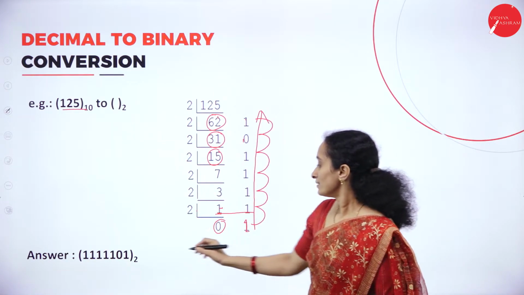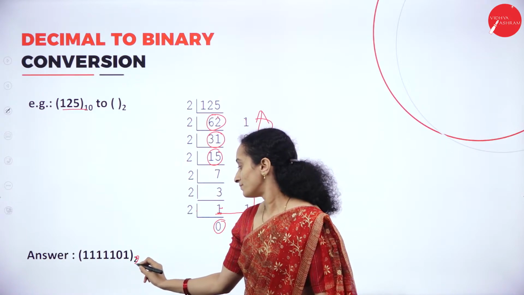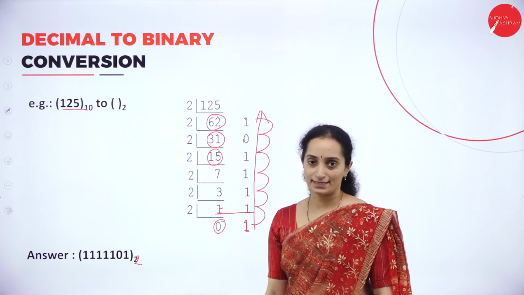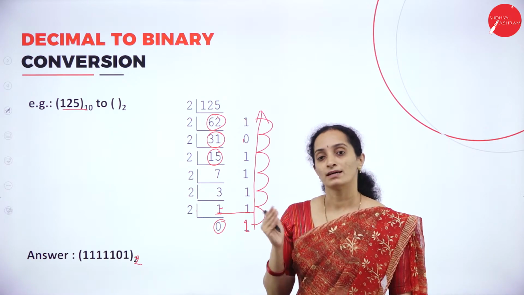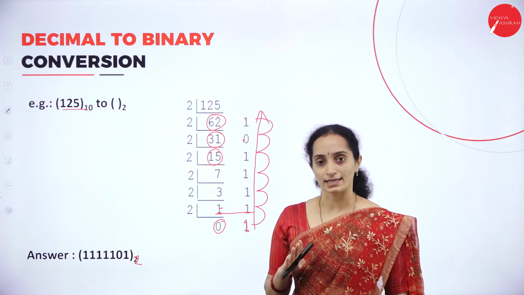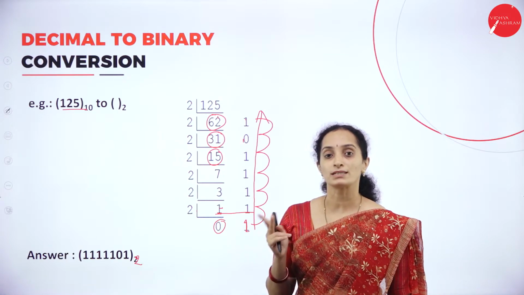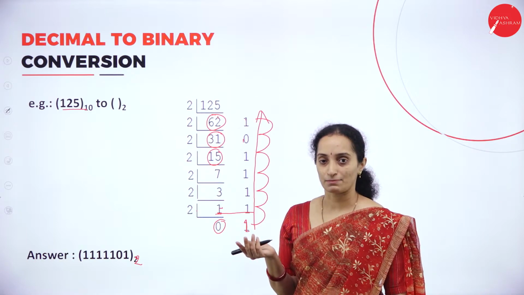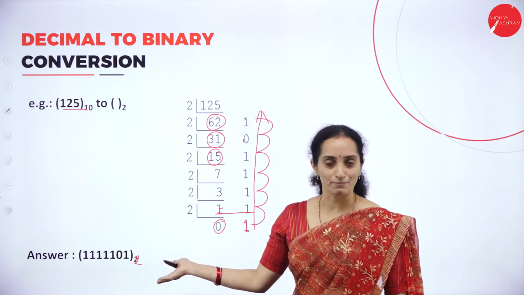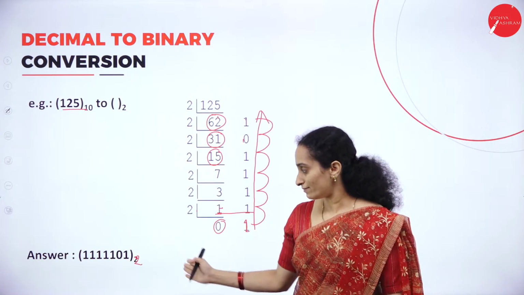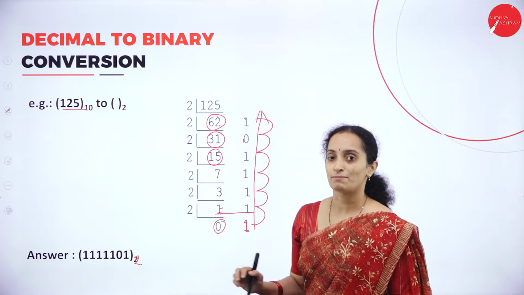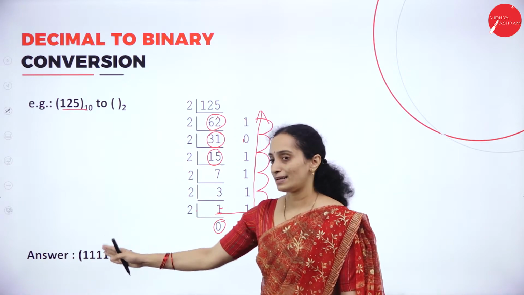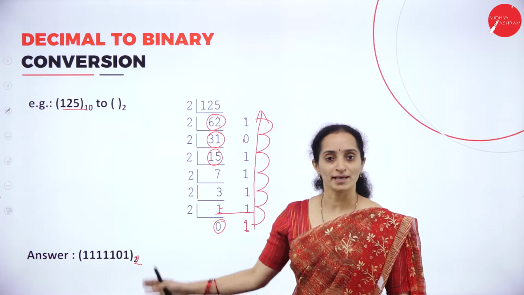Here you have to note the base, because sometimes when you use octal and hexadecimal, there will be confusion about whether it is decimal or octal or hexadecimal. Binary will not have any problem. As soon as you look at the numbers, you will recognize that the number has base 2.